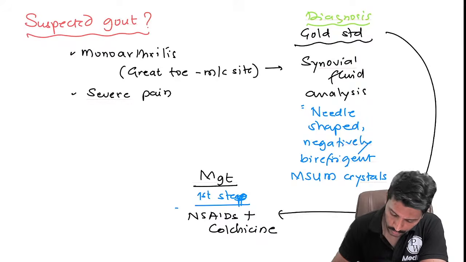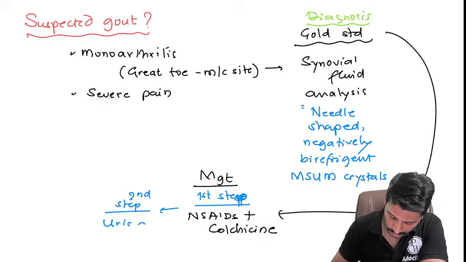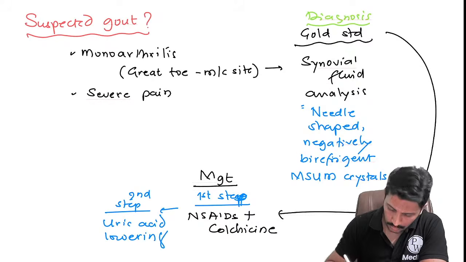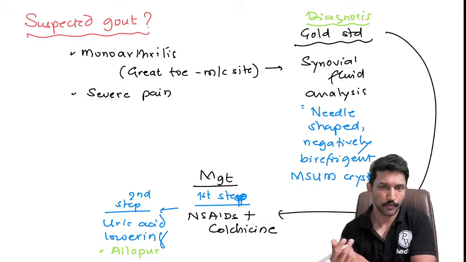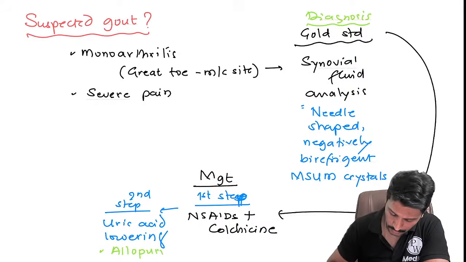After that, you progress to the second step where you try to reduce the uric acid level. That is uric acid lowering. So for that, what drugs can I use? I can use drugs like allopurinol. Indomethacin is a good NSAID, or ibuprofen or naproxen can be used.